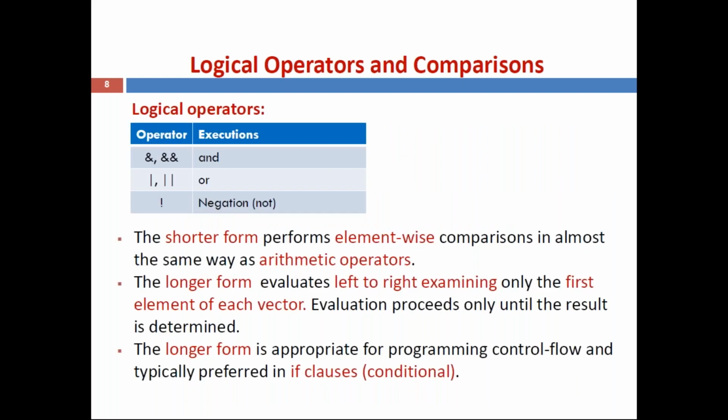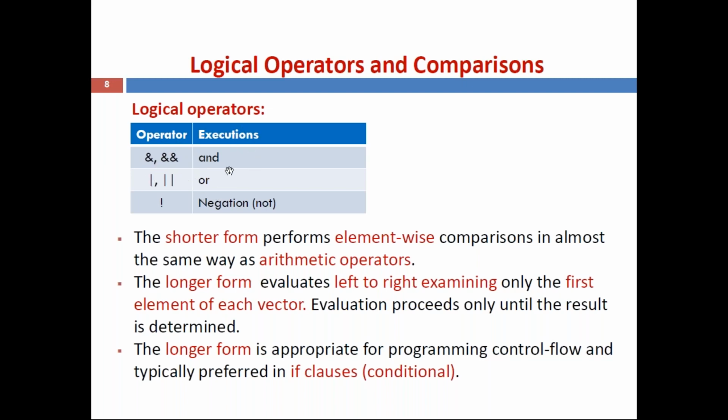Similarly, you can see the logical operators. Basically we have the following operators. The first one is the AND operator, denoted in our software using a single ampersand or double ampersand, without any space between them. You can use either for the AND operation.